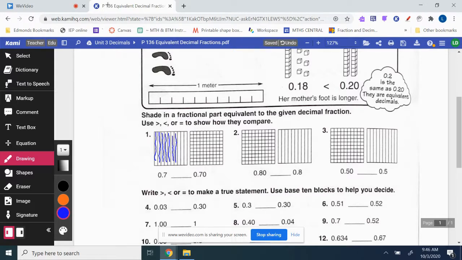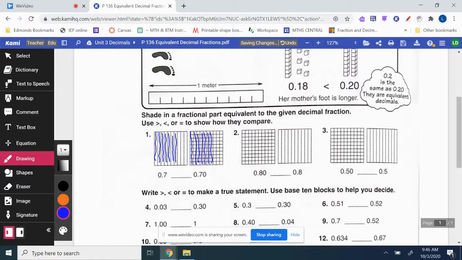Then I'm going to shade in 70 hundredths. And I know I can still count by 10: 10, 20, 30, 40, 50, 60, 70.